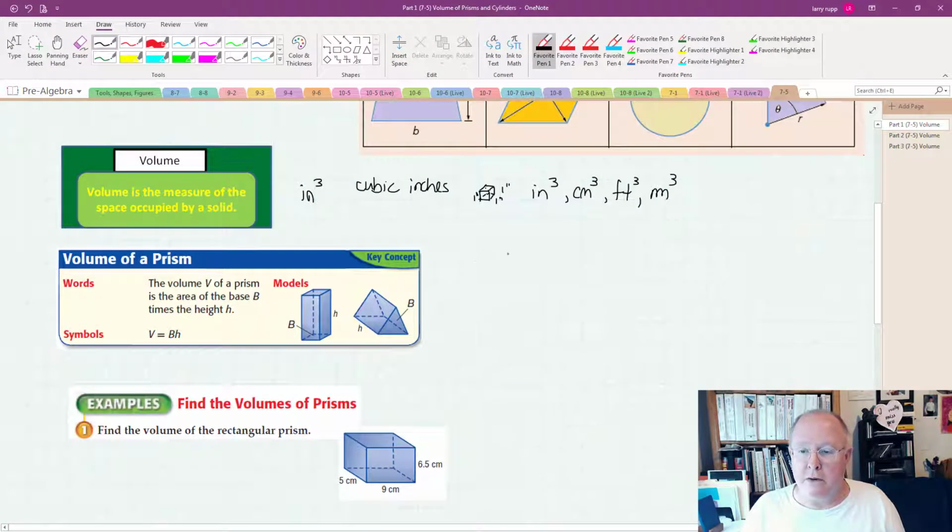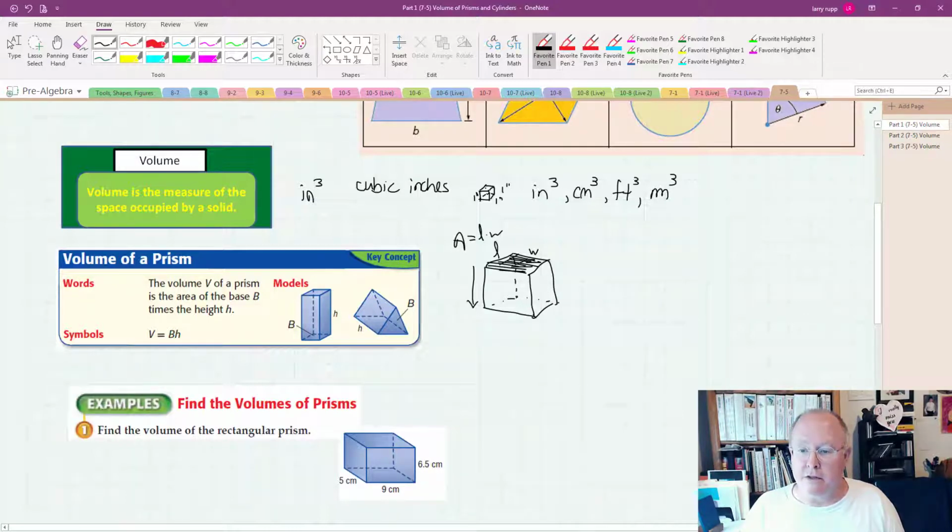So for a rectangular prism, you start out with a rectangle, and you take the area. The area is equal to the length times the width, right? But what we do now is we extend this into 3 dimensions. We take this area right here and we extend it down 3 dimensions.